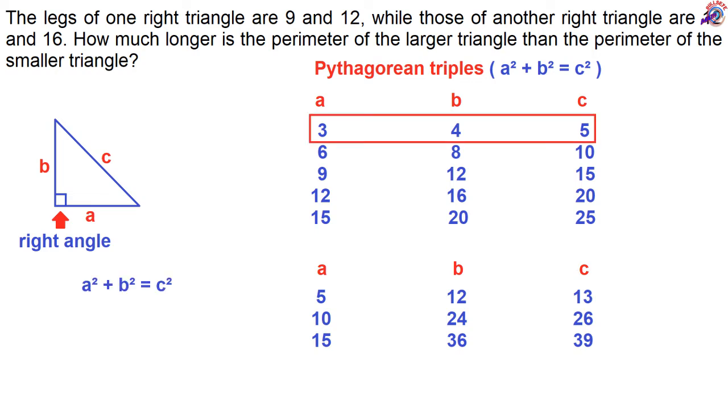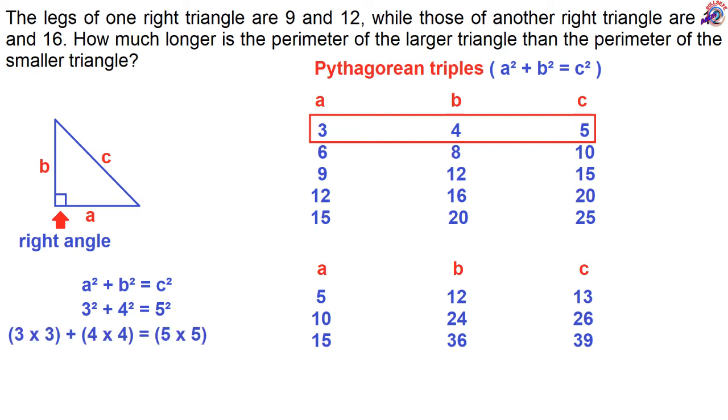We have this 3, 4, 5 to check it. For example, we have a squared plus b squared equals c squared. We substitute a by 3, b by 4, and the longest side c by 5. Now let's check. 3 squared, 4 squared, 5 squared.